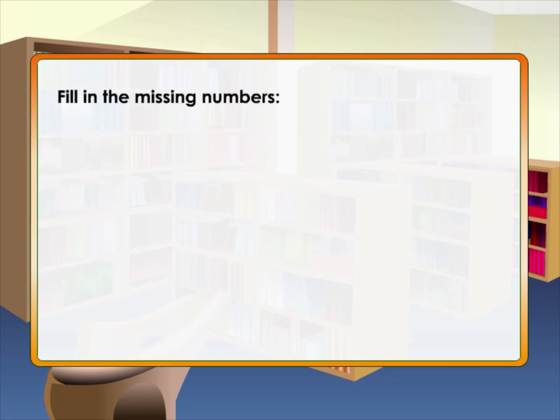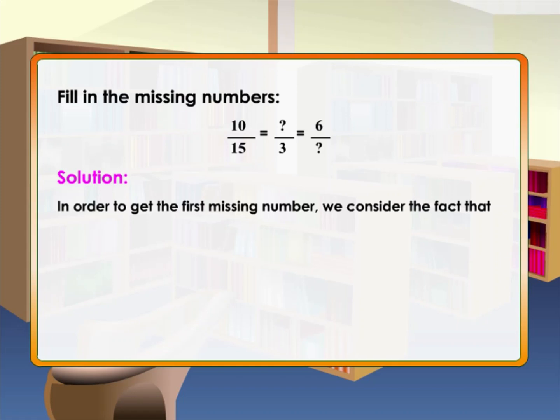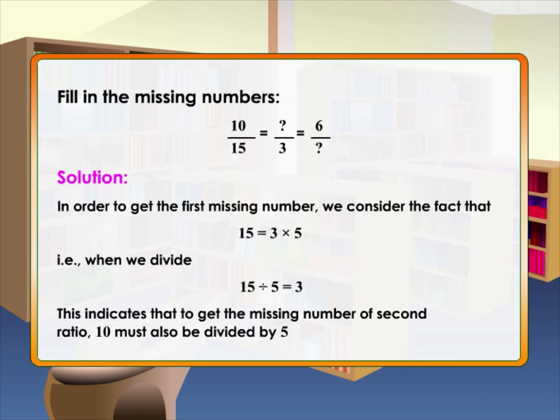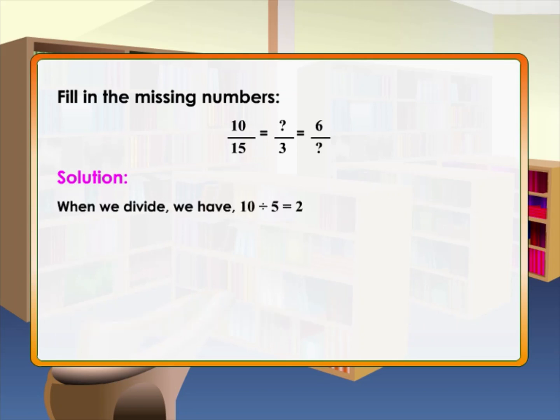Fill in the missing numbers. Solution. In order to get the first missing number, we consider the fact that 15 is equal to 3 times 5. That is, when we divide 15 by 5 we get 3. This indicates that to get the missing number of the second ratio, 10 must also be divided by 5. When we divide, we have 10 divided by 5 is equal to 2.